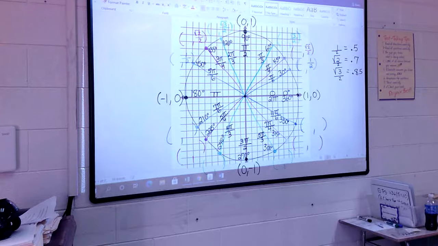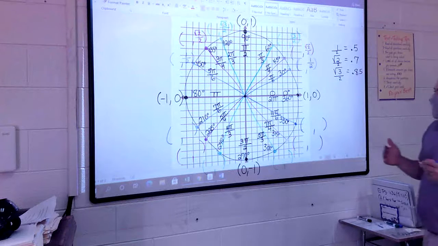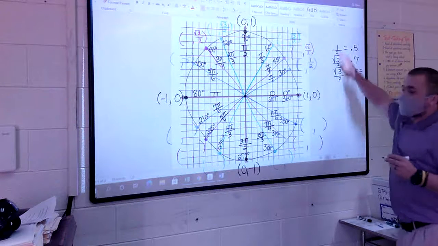Now, the ones on the bottom, our y's are all going to be what? They're below 0, so they're all going to be what? Negative. Right. So let's start with the first one. If you're at 0 and you want to be a little bit less than 0, you're going to be at negative 1/2.